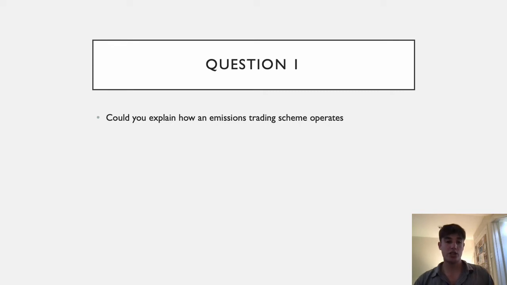Okay, so this is just an introductory question. It's not asking too much. The answer that I would give is that the government sets a fixed cap on the level of emissions. That might be, say, 100 million tonnes of carbon dioxide per year.